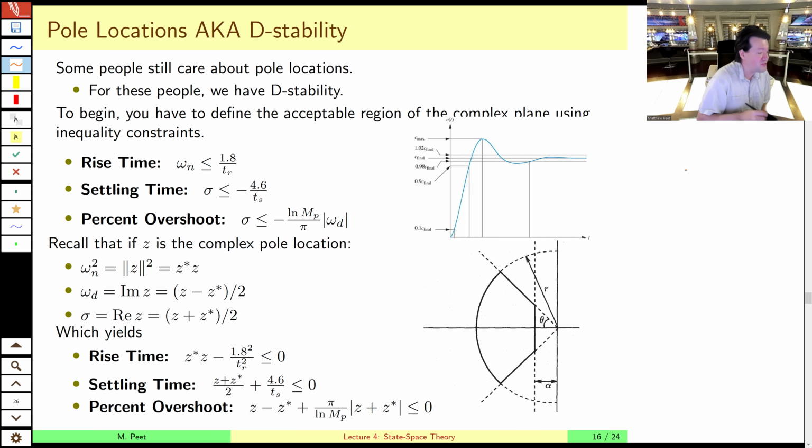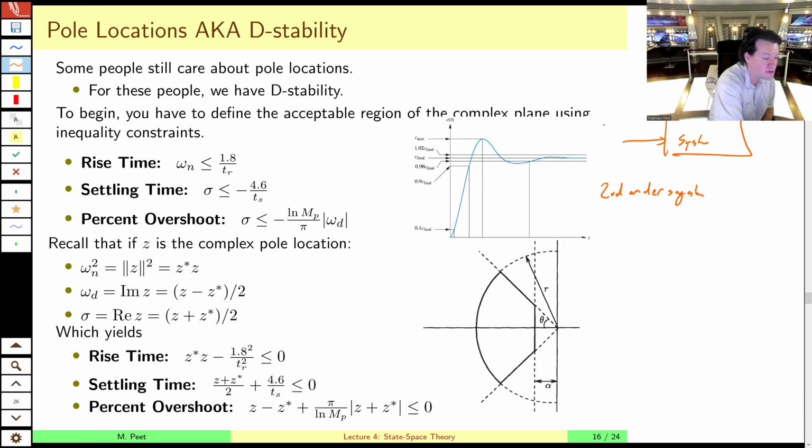Specifically, if you've taken undergraduate controls, you may have seen some discussion of various system properties. Particularly if we look at the step response of a second order system. So here's the system, and we give it a step input.